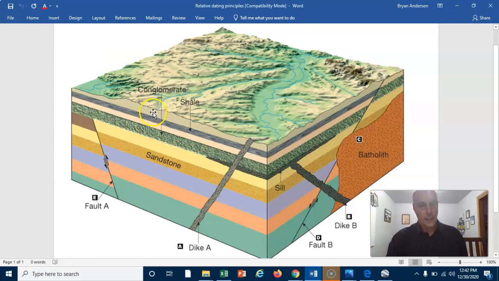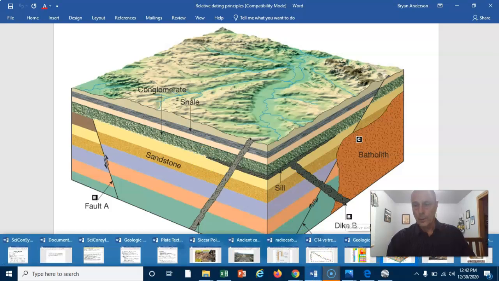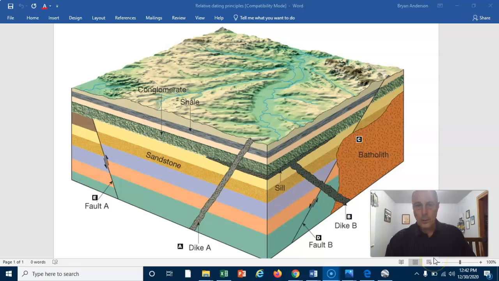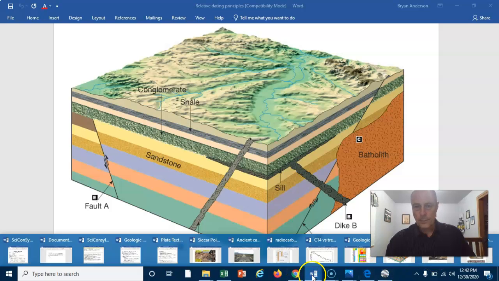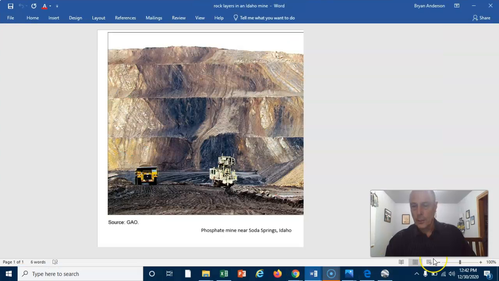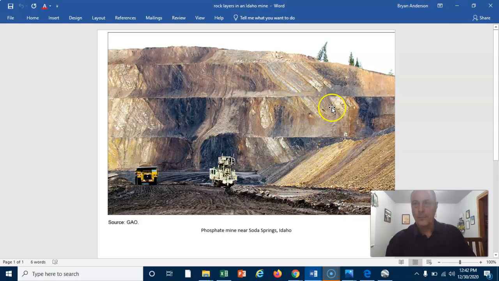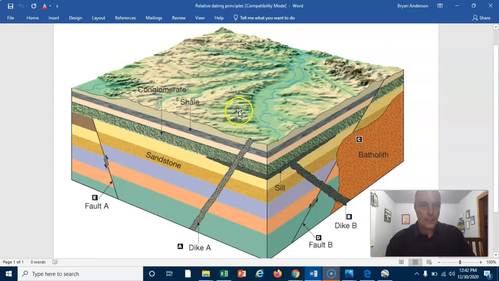Most of the time, this is the case. In your notes, it says in an undisturbed rock sequence. This would be a disturbed rock sequence, and this would be an undisturbed rock sequence, and this is most common.